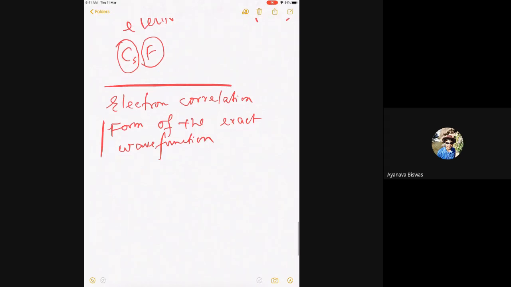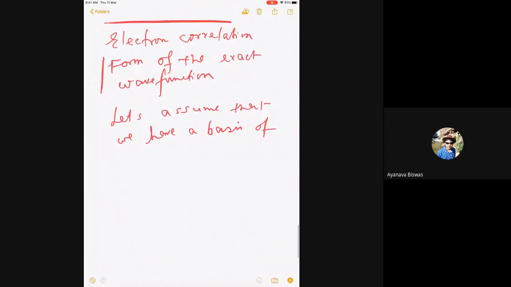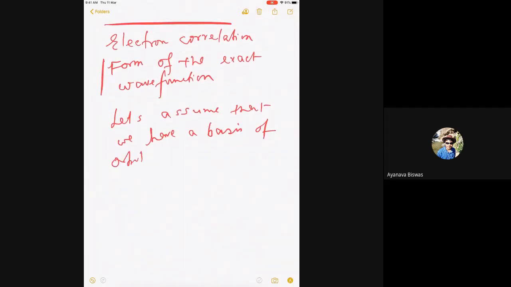So let's say that I have a basis which is exact. Basis of one particle. Or rather spin orbitals, which is exact or near exact, of m dimension.